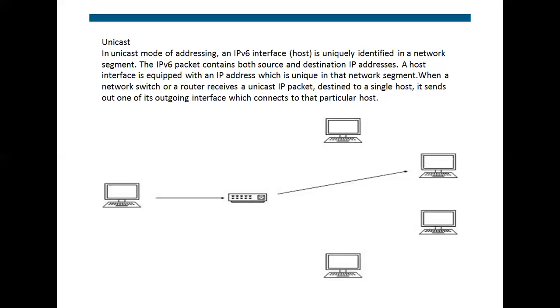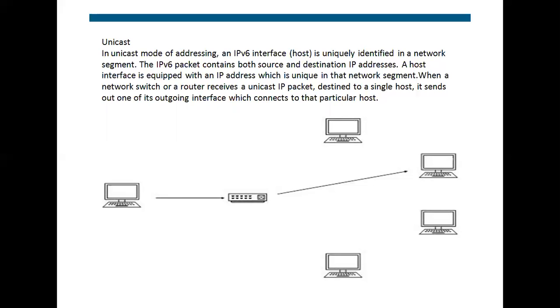In unicast mode of addressing, an IP version 6 interface is uniquely identified in a network segment. The IP version 6 packet contains both source and destination IP addresses. A host interface is equipped with an IP address which is unique in that network segment. When a network switch or a router receives a unicast packet destined to a single host, it sends it out of its outgoing interface which connects to that particular host.